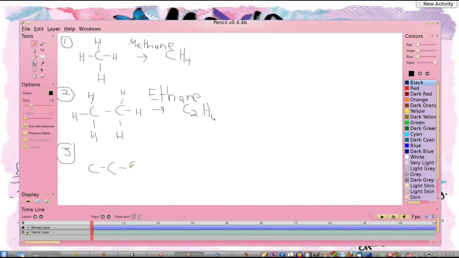That's 3 carbon atoms. If you notice, the carbon atom in the center has 2 bonds already occupied by bonding with the other carbons on the left and the right. So this only gives us 2 spots to bond hydrogen. And the ones on the right and left have 3 spots still.